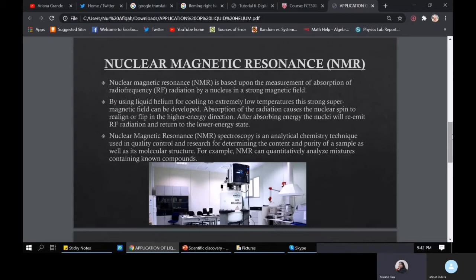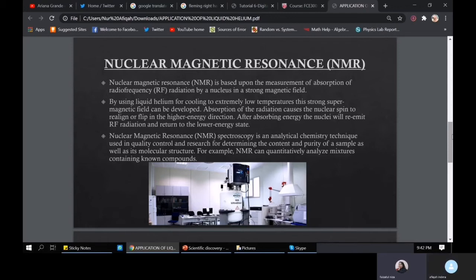Nuclear magnetic resonance is based upon the measurement of absorption of radio frequency radiation by a nucleus in a strong magnetic field. By using liquid helium for cooling to extremely low temperature, this strong superconducting magnetic field can be developed.